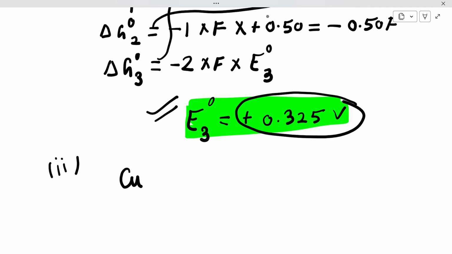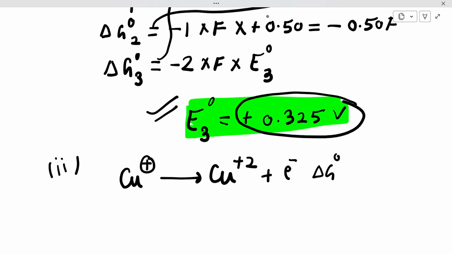For the second part of the question, we have to find out whether the Cu plus disproportionates or not. First, when Cu plus gets converted into Cu plus 2, it will release one electron.